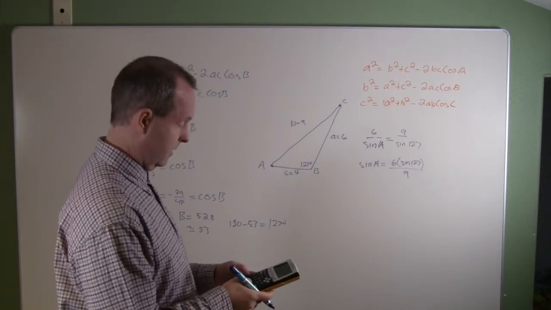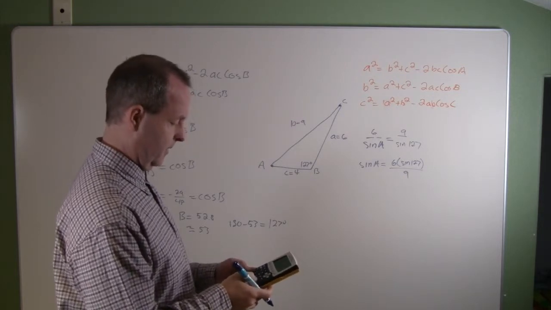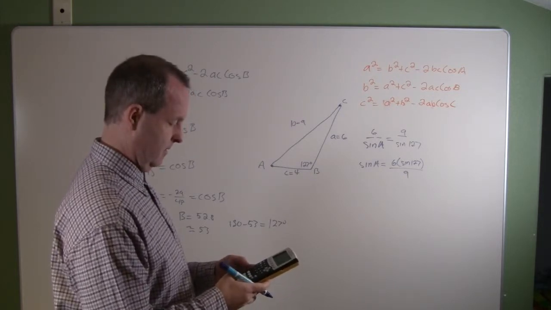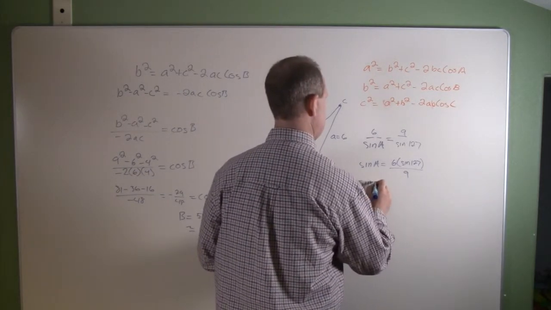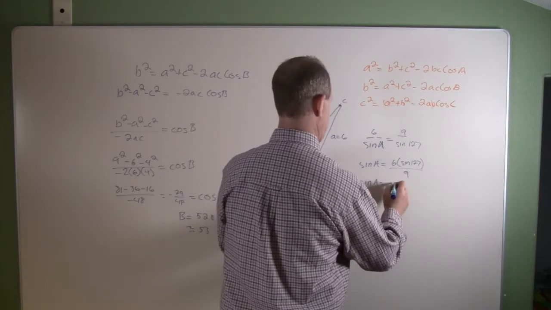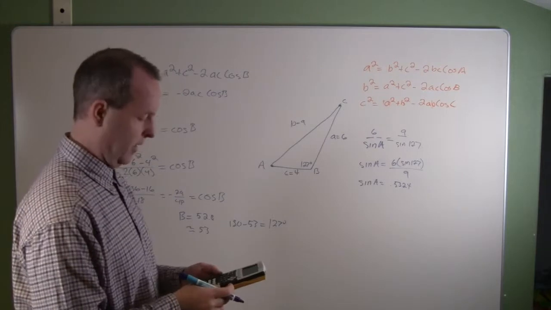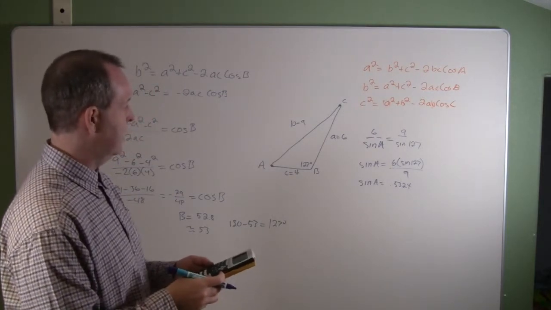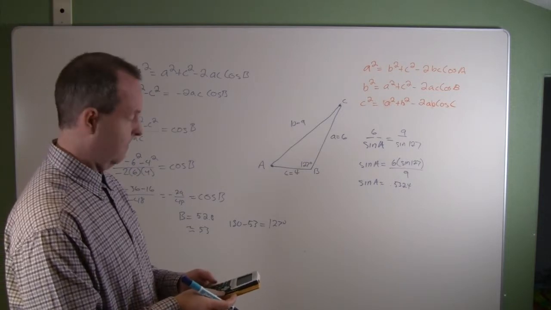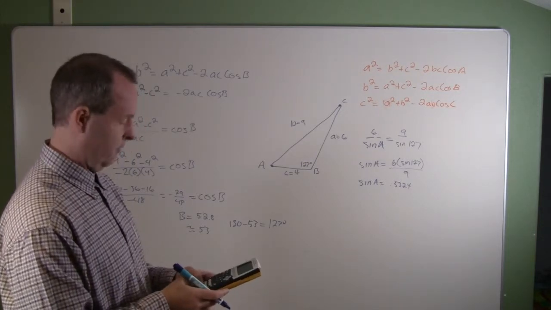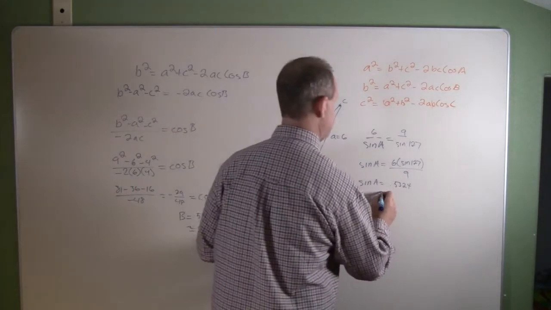Six times sine 127 divided by 9. Sine of A equals 0.5324. I know it's an acute angle, so I'm only looking at that version of it. And so let's take the inverse sine of 0.5324. That produces an angle of roughly 32.